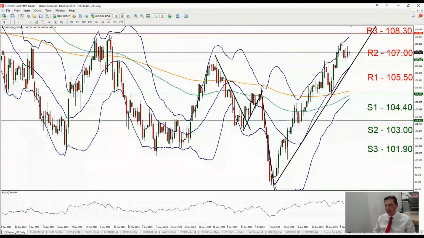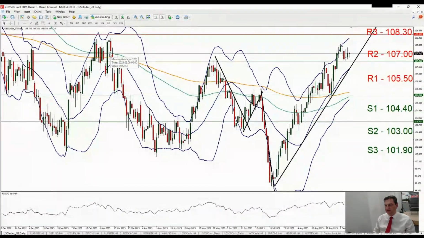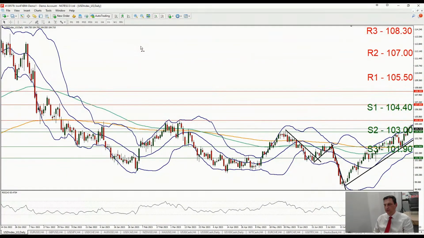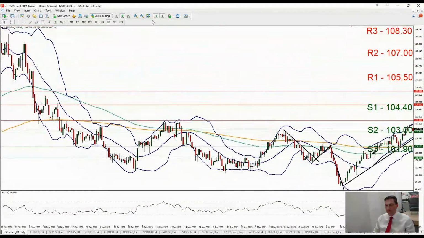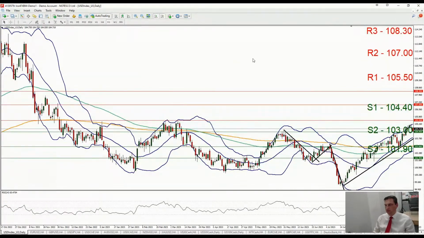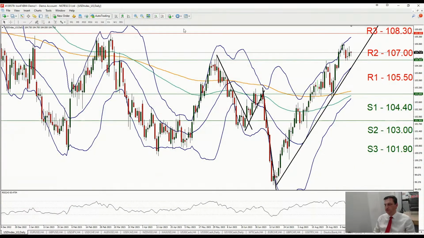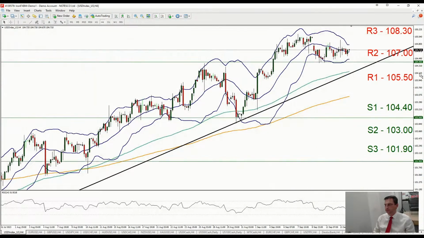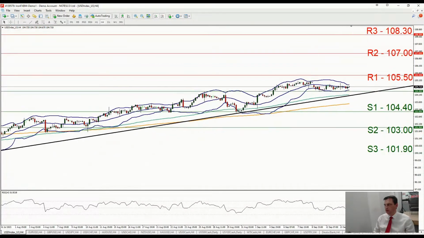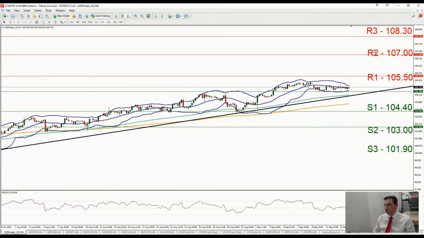Note how the resistance lines are finding exactly meeting the levels and the price action. Second time here, 1, 2, 3. Okay, and let's drill to the 4-hour chart. Even more detail. Let's reposition the labels.